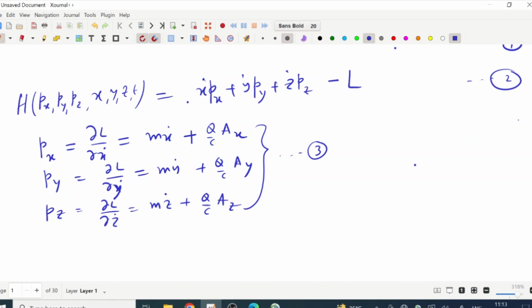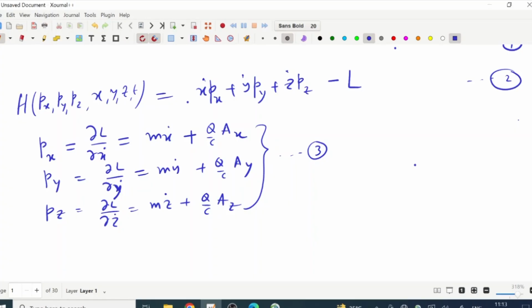Now we have to calculate the Hamiltonian. We have to simplify the right hand side using the canonical momentum relation with the velocities x dot, y dot and z dot. So, you can simplify equation 3 to this form: x dot equals 1 by m times px minus q by c A x.